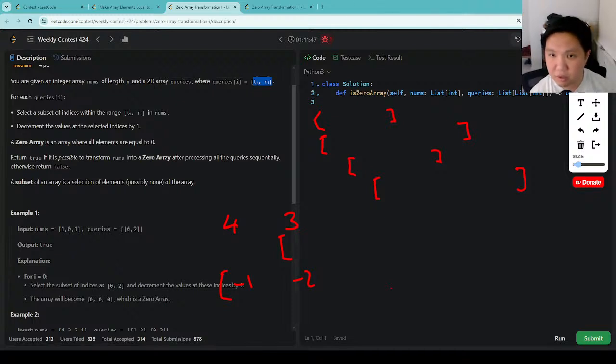Yeah, I think so. Sum of array. So you can do some... okay. Yeah, it sounds like you can do some kind of prefix sum. Is that what you're looking at? Yeah, some kind of prefix sum. I think that might work.